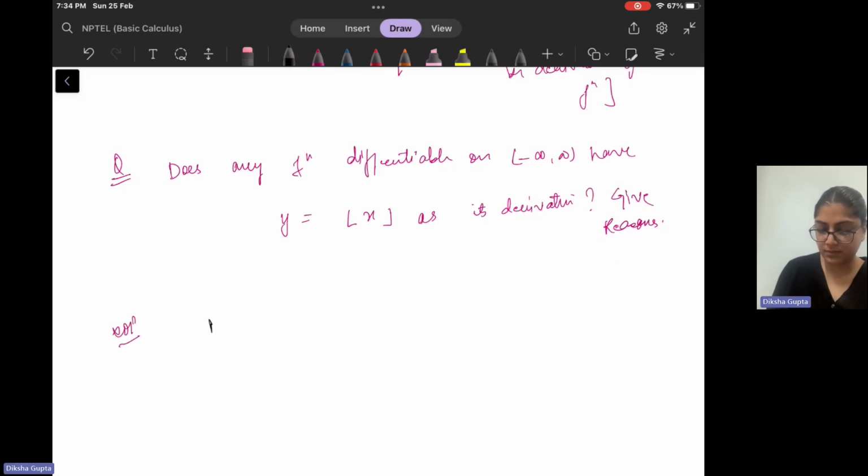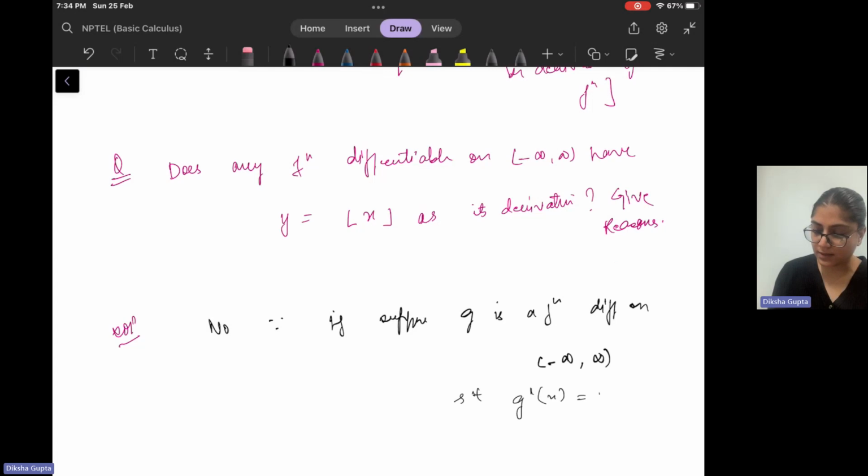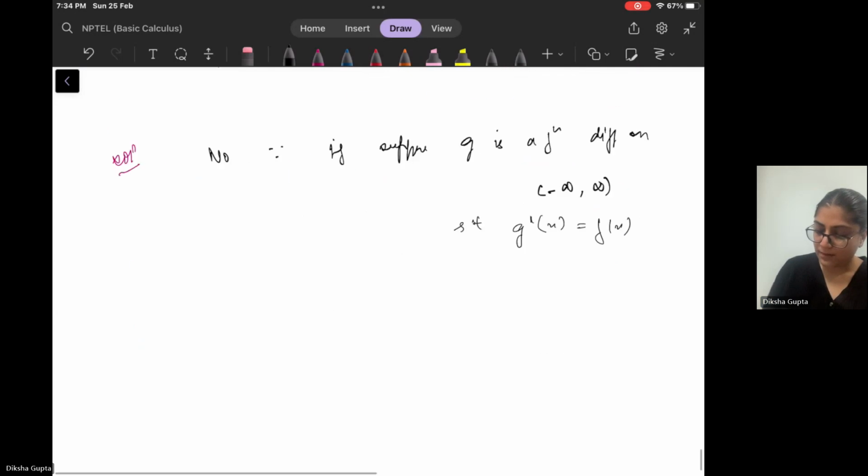No, because suppose g is a function differentiable on minus infinity to infinity such that g dash x is f of x. I'm defining this to be f of x. Then this implies g is differentiable on the small interval 0 comma 1 also, right?